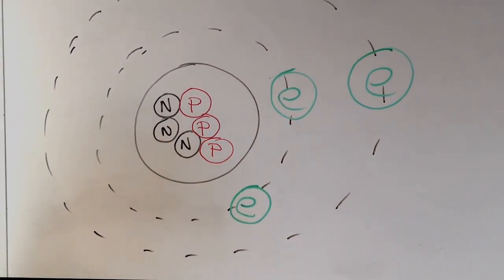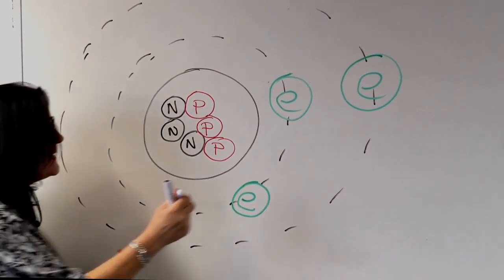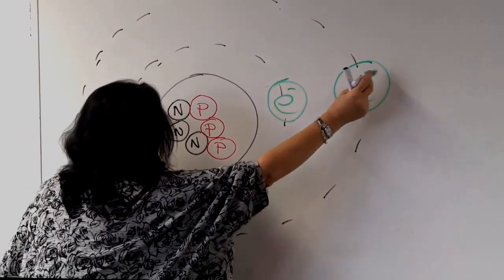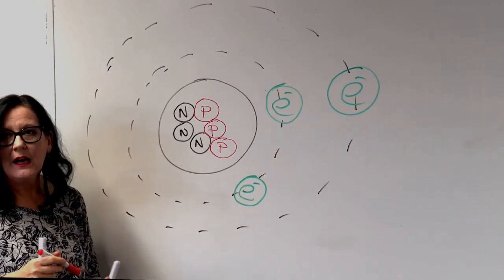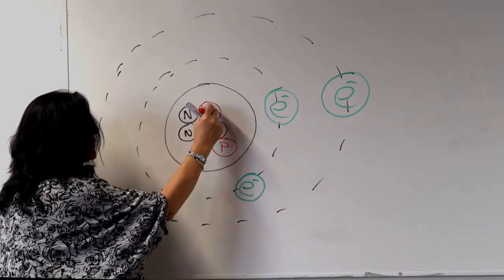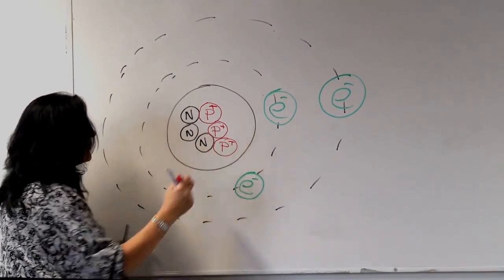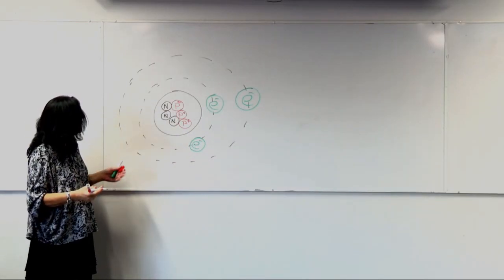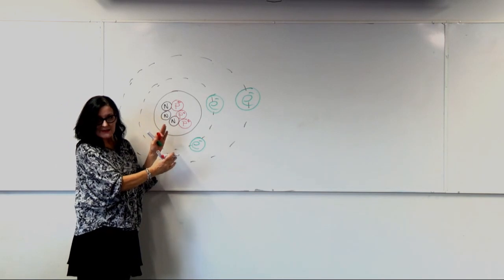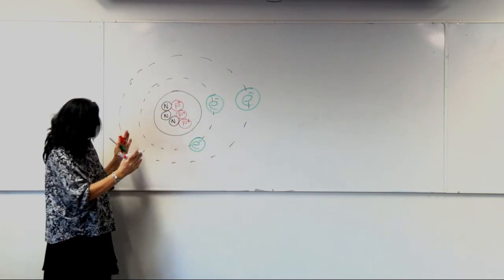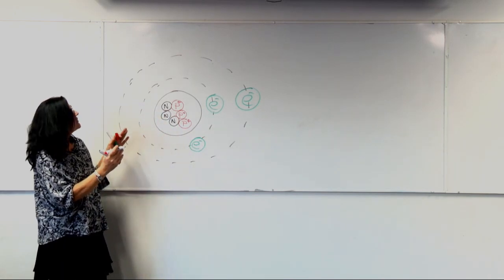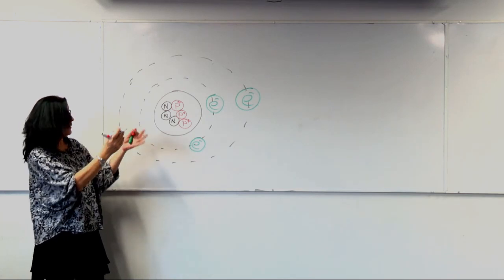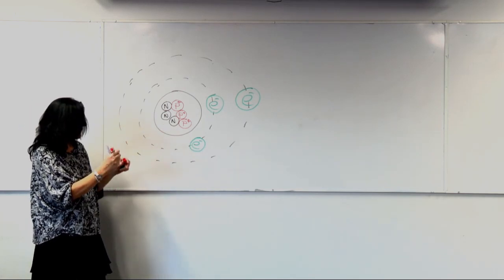Now we have 3 negatively charged electrons and 3 positively charged protons, and 3 neutrons that just sit there doing nothing. These 2 are counteracting each other. So our atom at this point is neutral. We have an equal number of electrons and protons.